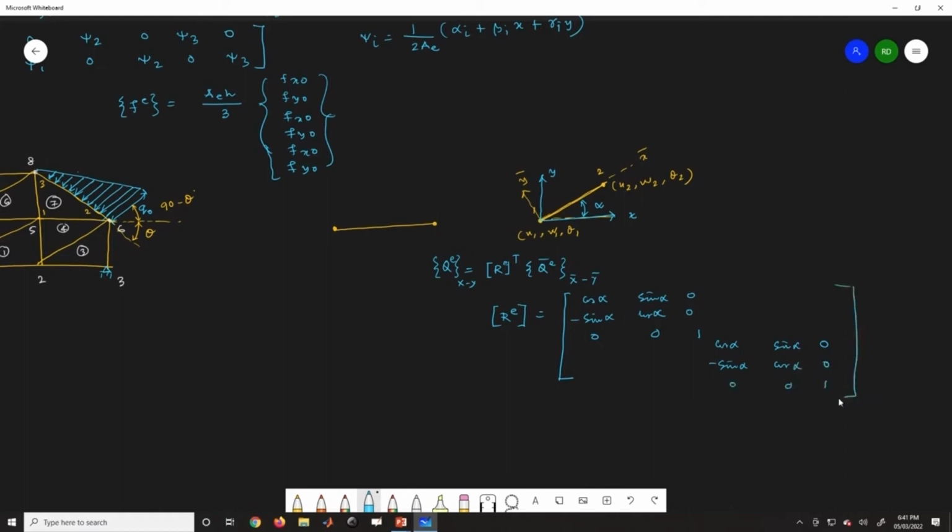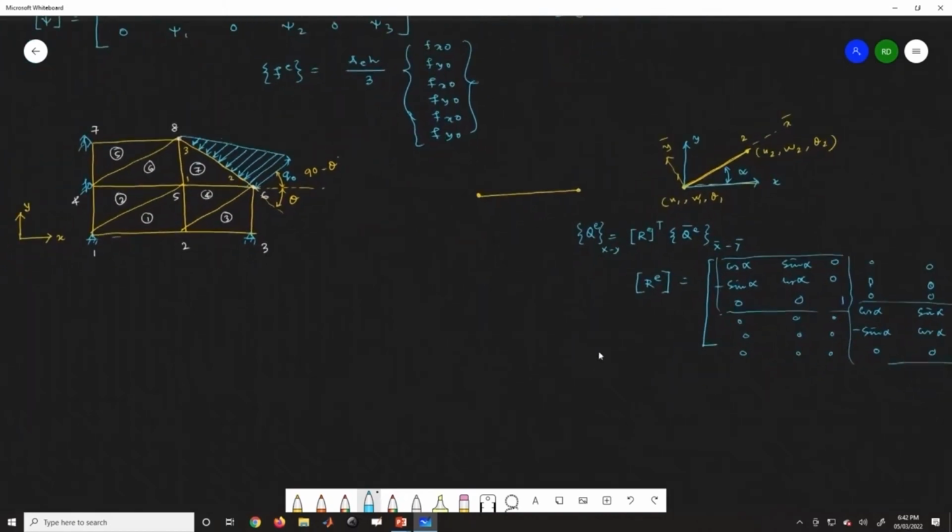And these other entries are all zeros, because you probably have done how to rotate it. So only these are block rotation matrices. This is one block and this is one block. This corresponds to u1, w1, theta 1, and this corresponds to u2, w2, theta 2. You pre-multiply this with the force vector to get the global force vector.